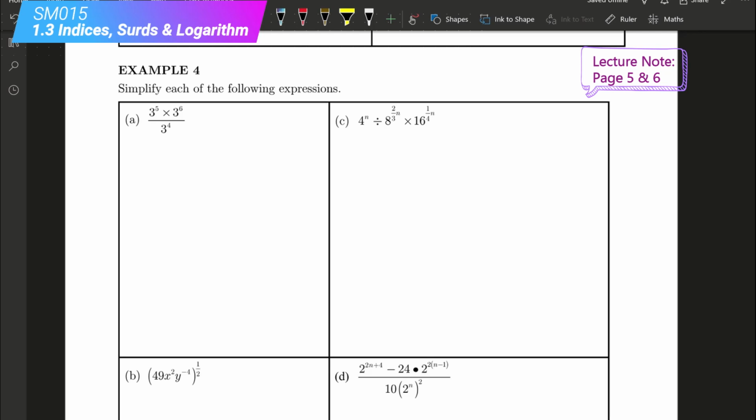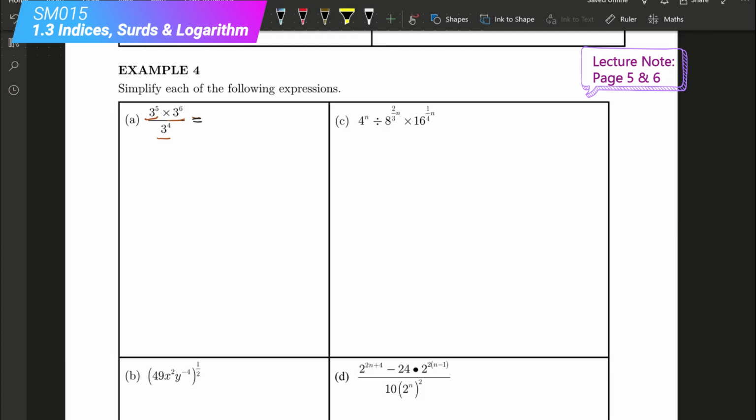So here we have 3 to the power of 5 multiplied by 3 to the power of 6, over 3 to the power of 4. First and foremost, does the question have the same base? Yes, the same base here, because everything is 3. And then for this one, we solve the numerator first. We have 3 to the power of 5 multiplied by 3 to the power of 6.